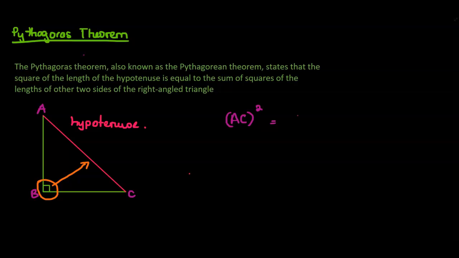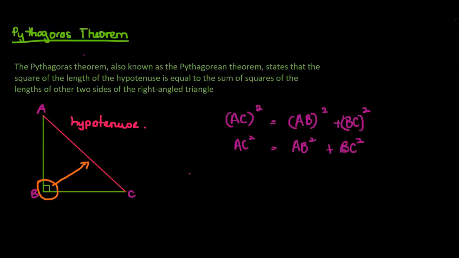So the other two sides would be AB to be squared plus BC to be squared. So if I just remove the brackets, you'll get that AC squared is equal to AB squared plus BC squared.